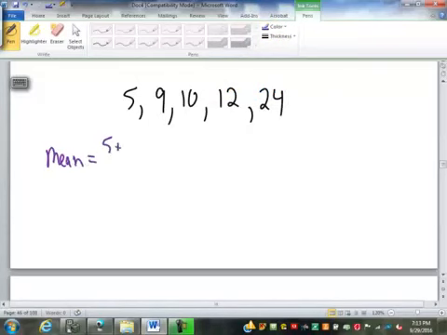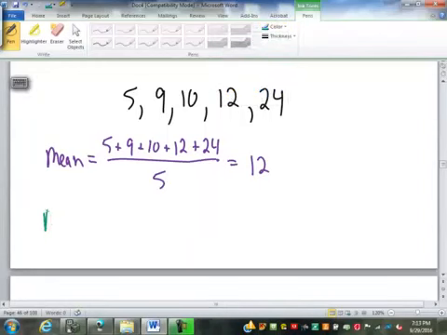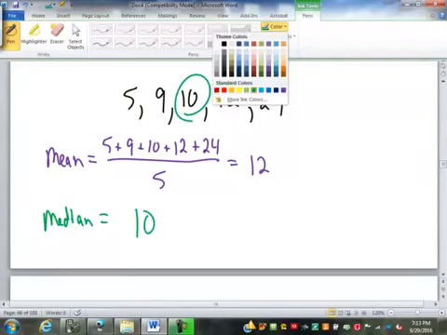I'm going to add them together. 5 plus 9 is 14, plus 10 is 24, plus 12 is 36, plus 24 is 60. Over 5 gives us a mean of 12. The median, what number's in the middle here? 10. Okay. Don't need to do any intense calculation there.